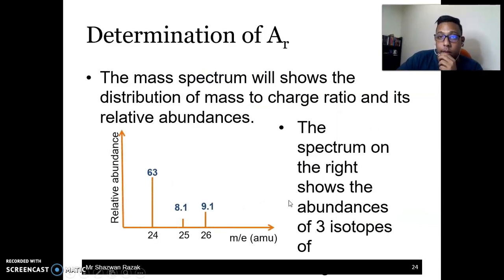It's very simple. What you have to know about the spectrum is that the vertical axis shows the abundance, how much of the species, while the horizontal axis shows the variation of the isotope. Here is an example mass spectrum for magnesium, and we have magnesium 24, magnesium 25, and magnesium 26. We see the abundances are 63, 8.1, and 9.1.